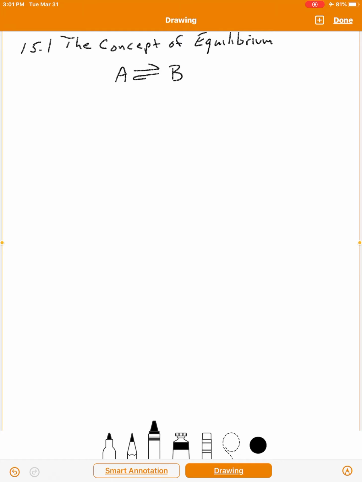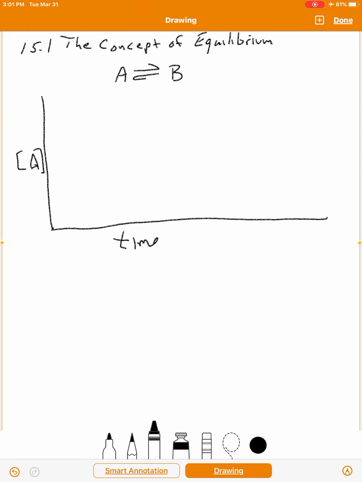And we're going to start with A. Now I'm going to plot not rate versus time, but concentration versus time. I'm going to use bracket notation. So concentration of A versus time. And again, we'll assume the simple situation that we're starting with A. What happens? A goes down in concentration, but eventually it'll stabilize.